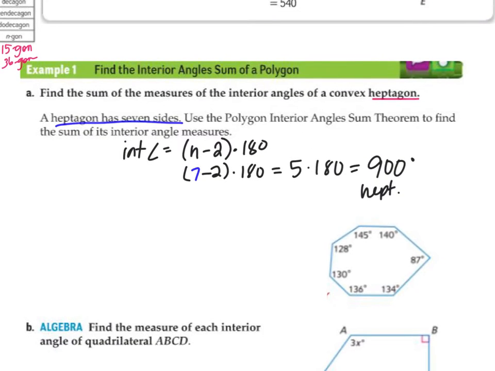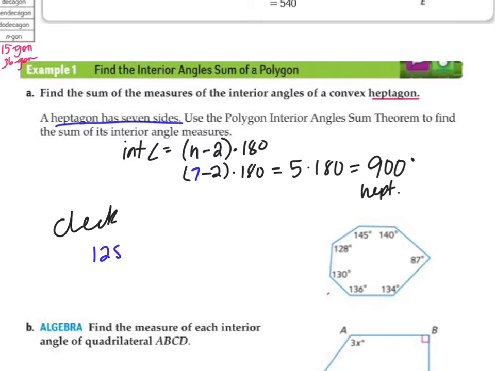Okay, so let's take a look and check it. Here we have a 1, 2, 3, 4, 5, 6, 7-sided shape, a heptagon, and each angle measurement inside is different. So let's check what that is when we add it together.